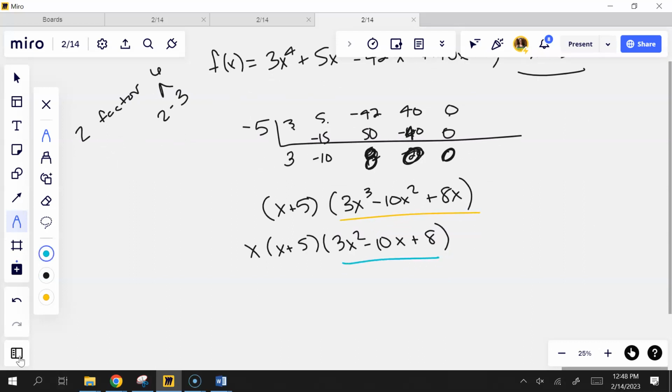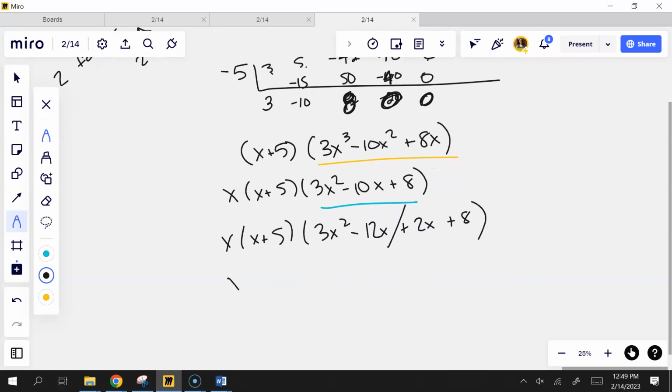X plus 5, 3x squared minus 12x plus 2x plus 8. Take out a 3x of those two and a 2 from those two, and it leaves me with x minus, nope.